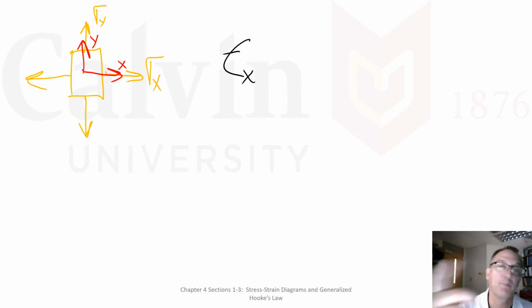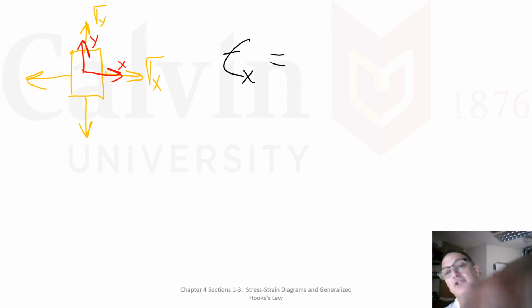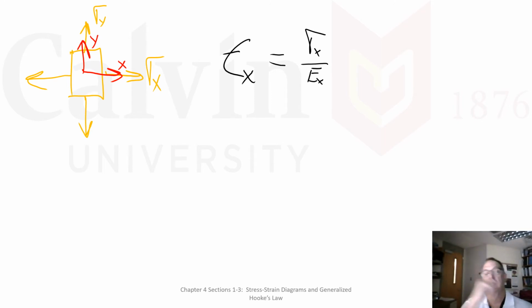Now, with the previous example, you know that the strain in the X direction is equal to the stress in the X direction divided by Young's modulus in the X direction, but Young's modulus is the same in every direction, so I'm going to get rid of that.